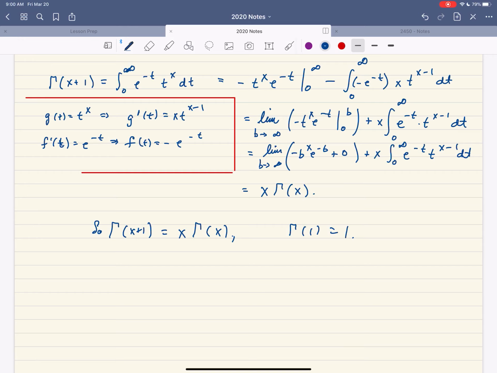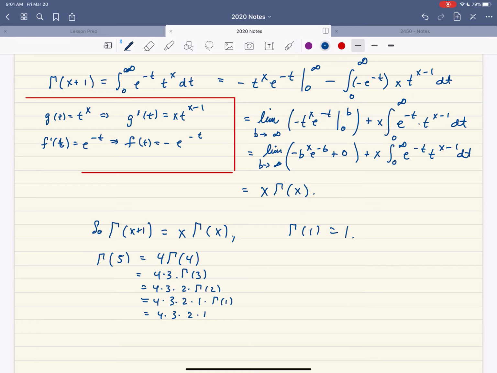So if we think about gamma of, say, 5, that's going to be 4 gamma of 4. And now gamma of 4 is going to be 3 gamma of 3. And gamma of 3 is 2 gamma of 2. We're almost done. Gamma of 2 is going to be 1 times gamma of 1. And gamma of 1 is just 1.